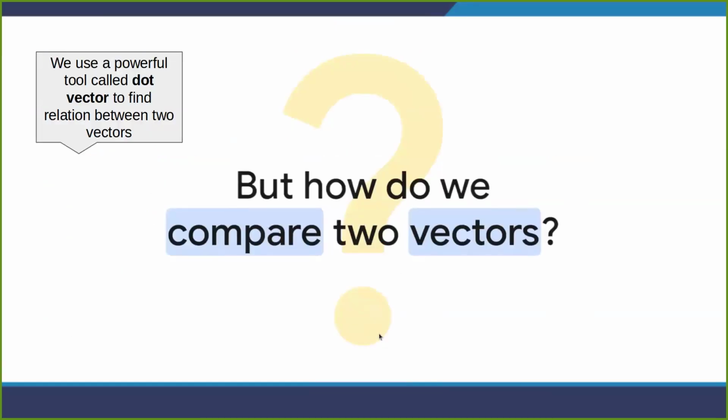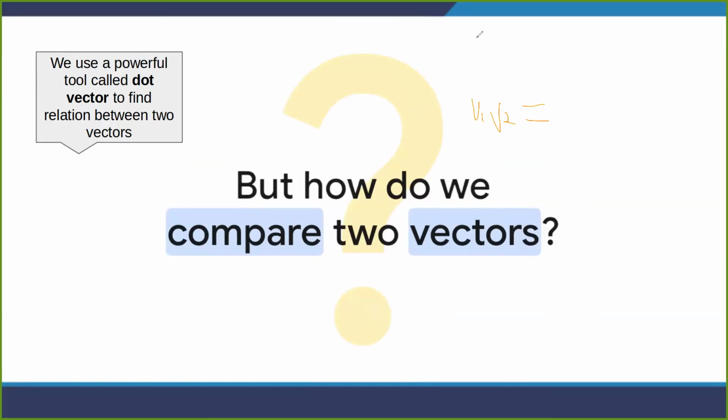So to compare the two vectors, we use this beautiful tool known as the dot product to find the relation between two vectors. What is it? It is nothing but v1 dot v2. It's the addition in this whole term.